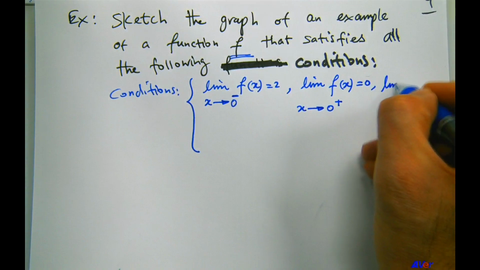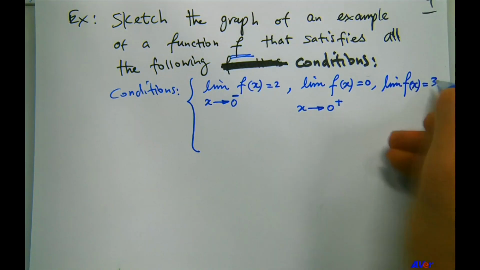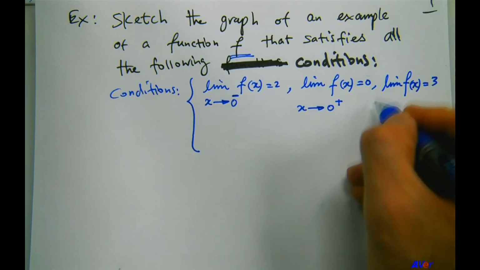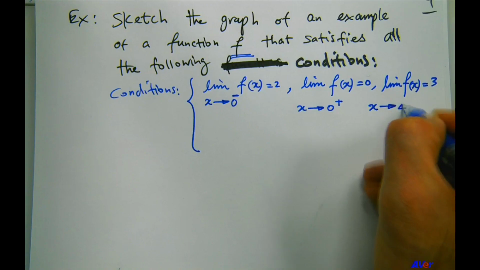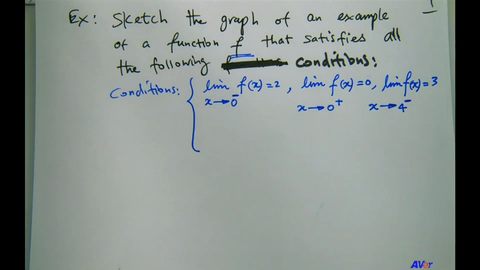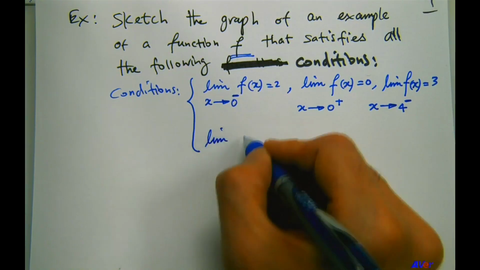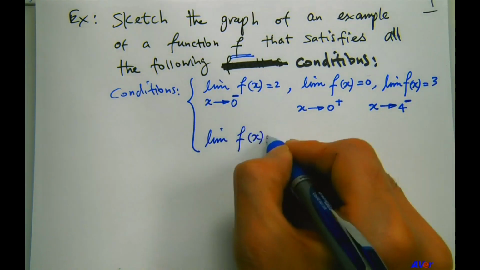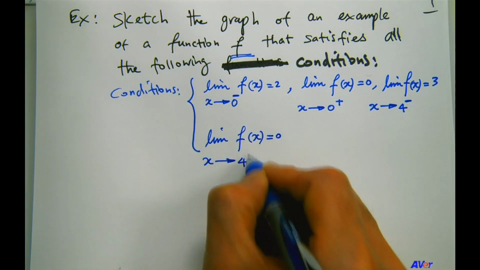Limit of f of x equals 3 as x approaches 4 from the left. Limit of f of x equals 0 as x approaches 4 from the right.